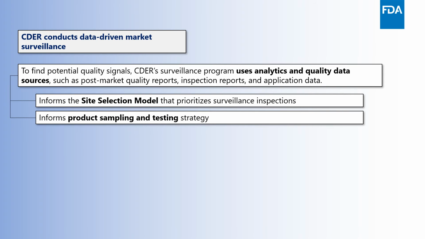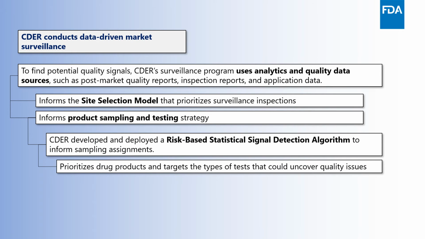These data sources inform the site selection model that prioritizes surveillance inspections and the strategy for product sampling and testing. In fact, CEDAR developed and deployed a risk-based statistical signal detection algorithm to inform sampling assignments. This algorithm prioritizes drug products and targets the types of tests that could uncover quality issues.